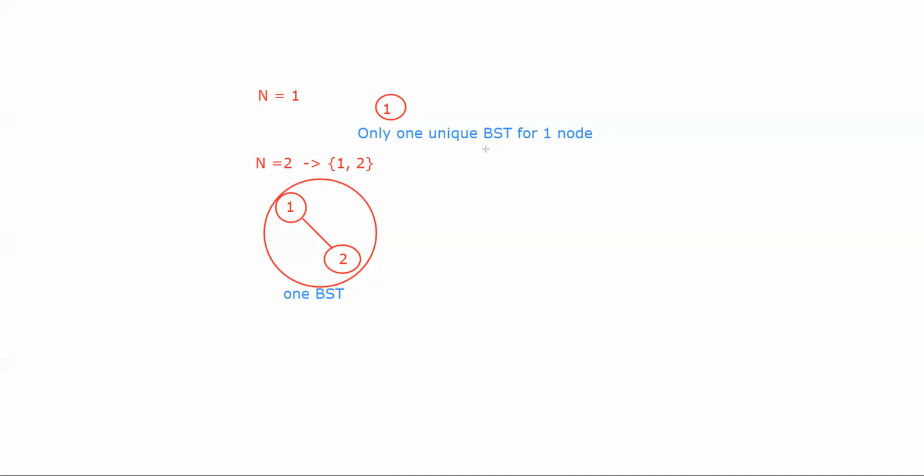Also, I can create another BST from these elements if I make 2 the root node. Let's suppose I am making 2 the root, then 1 will be the left of 2. Both are connected. So I have created another BST using two nodes.